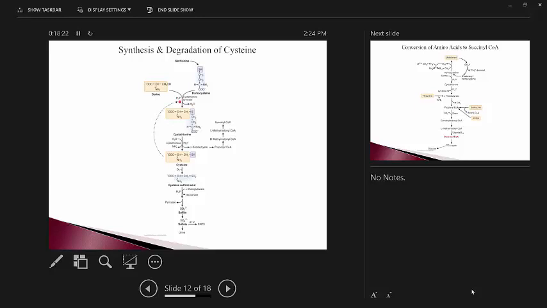Methylation is carried out by folate? The methylations, only one folate reaction is carried out. That's hydroxymethyl. SAM, S-adenosylmethionine. That's the methyl group donor.